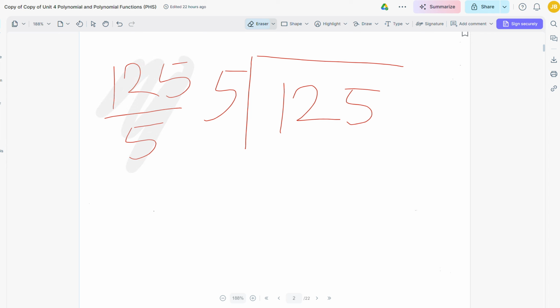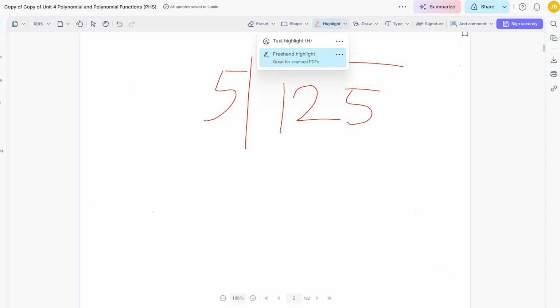Here's the kind of mindset you want to get yourself into. The first thing you have to do is check the first digit. Here's the first digit, and you ask yourself, can my 5 divide into 1? 5 does not go into 1 nicely.